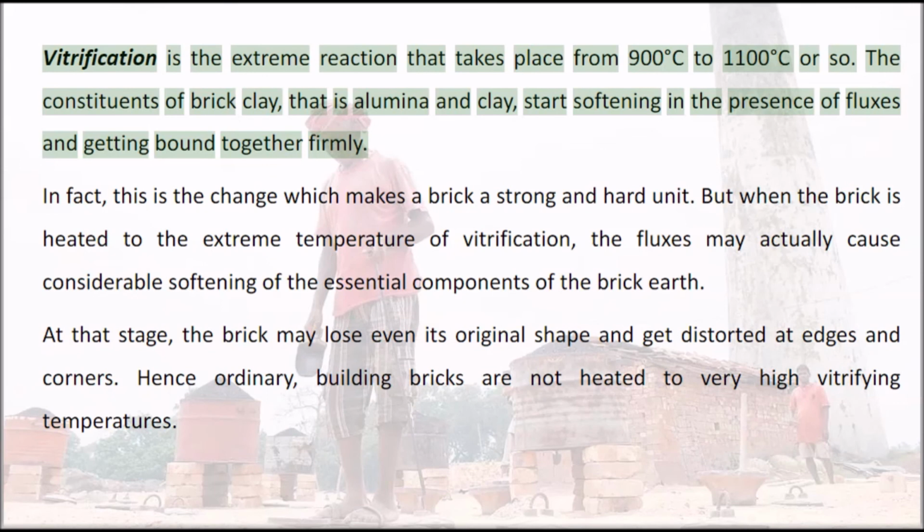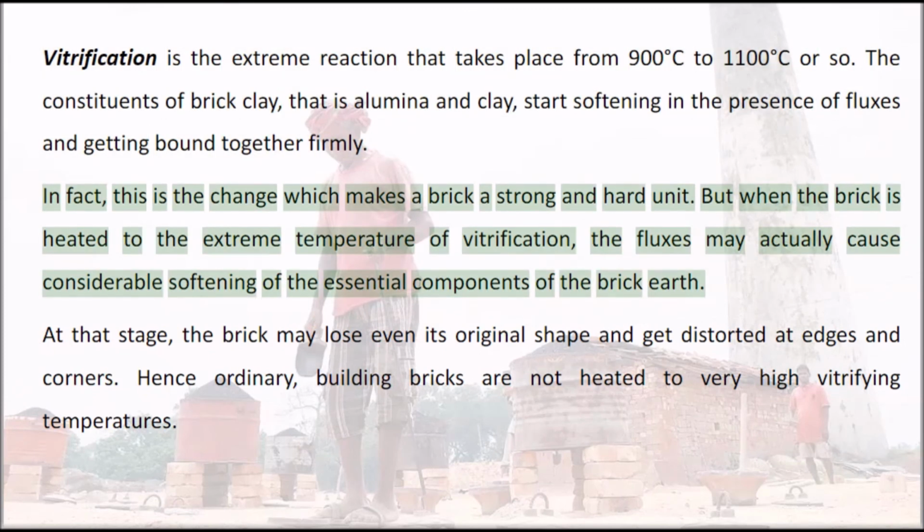But when the brick is heated to the extreme temperature of vitrification, the fluxes may actually cause considerable softening of the essential components of the brick earth. At that stage, the brick may lose even its original shape and get distorted at edges and corners. Hence ordinary building bricks are not heated to very high vitrifying temperatures.